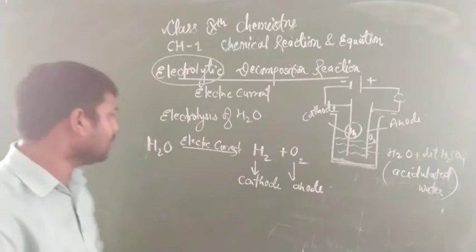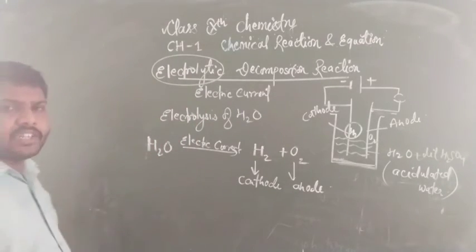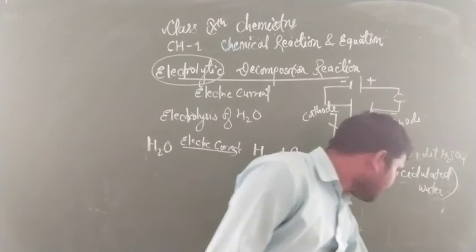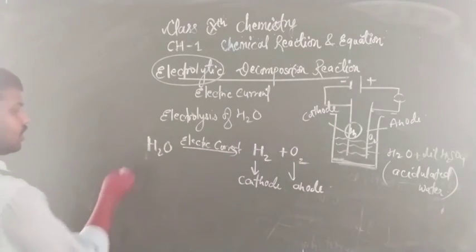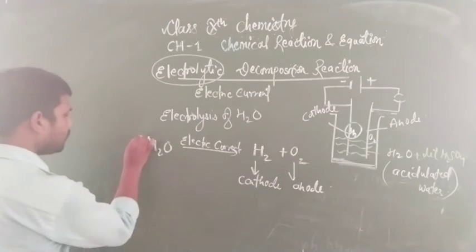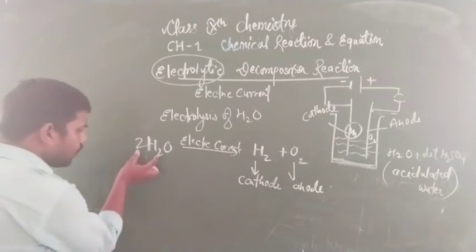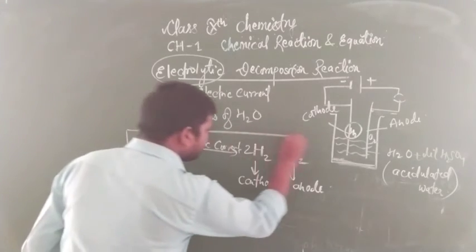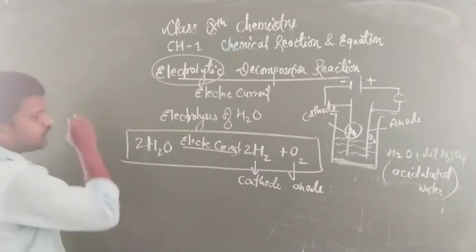Okay? Now children, balance this equation. When you balance, 2 oxygen, 2 oxygen, 4 hydrogen, 4. Now see this equation calculation.